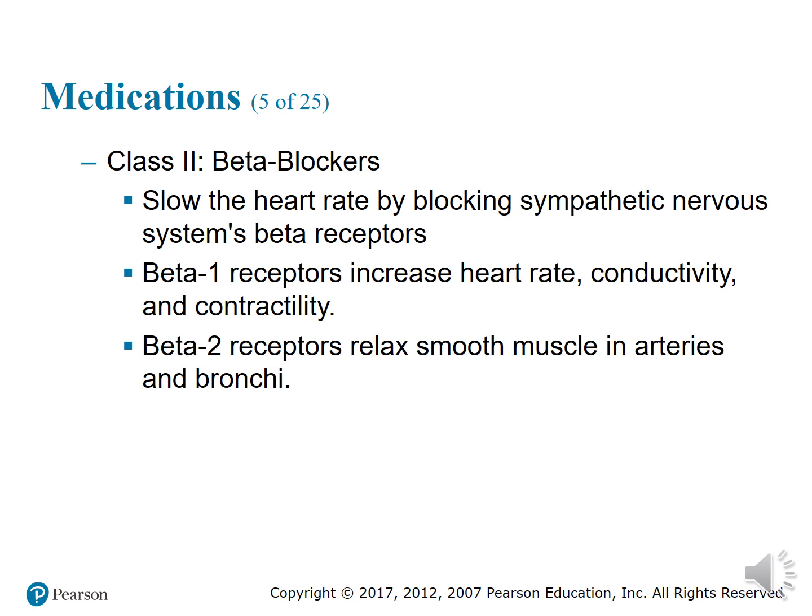Beta 1 receptors increase your heart rate, conductivity, and contractility, whereas beta 2 receptors relax smooth muscles in the arteries and bronchi. Beta blockers include medications such as propranolol and atenolol.